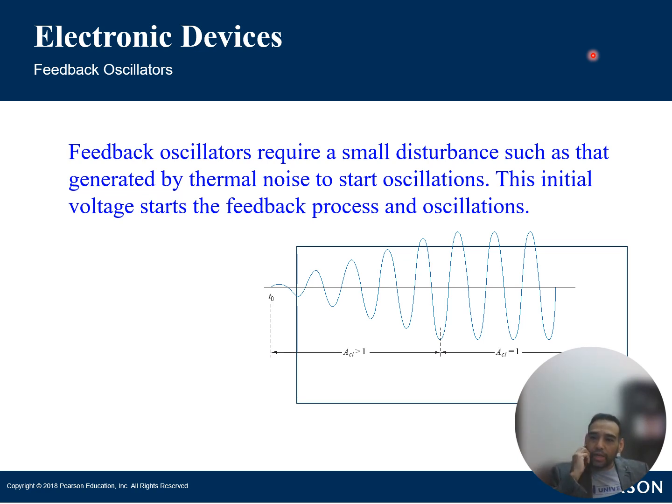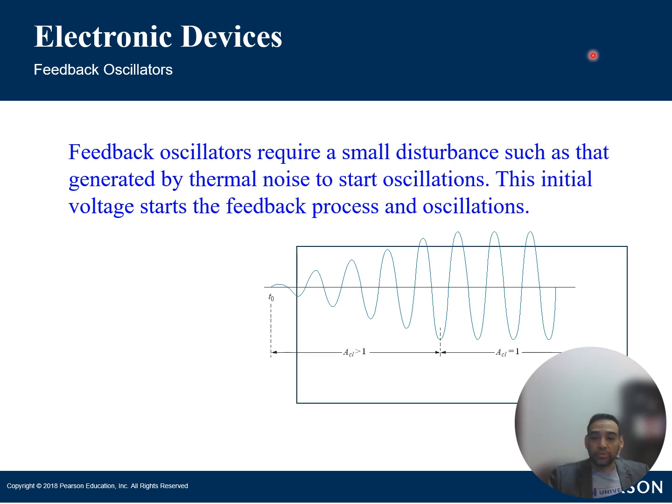All right. In the context of feedback oscillators, we mentioned the small disturbance, and this can refer to any type of minor perturbation, some variation in the circuit, some operating condition that potentially affects the stability or the performance of that oscillator. These disturbances can arise from various sources like changes in temperature.